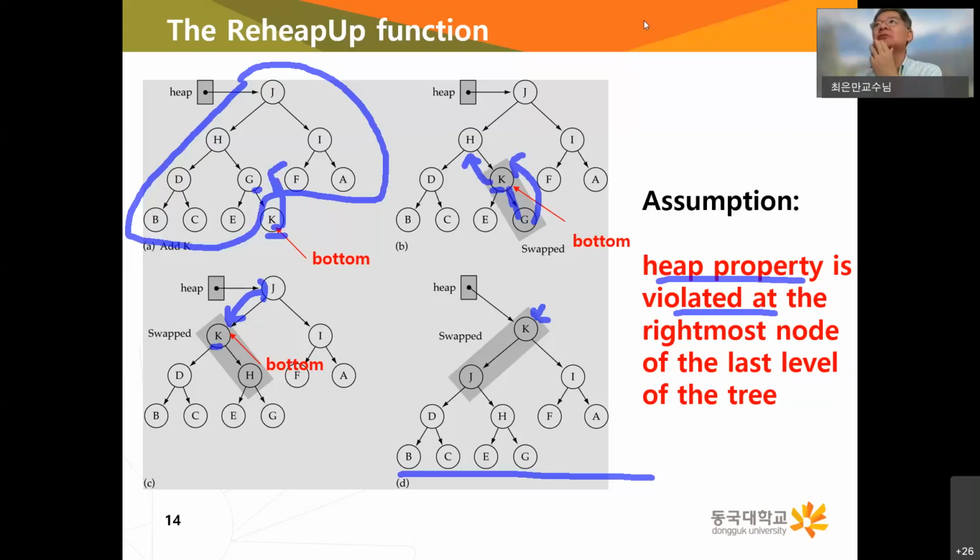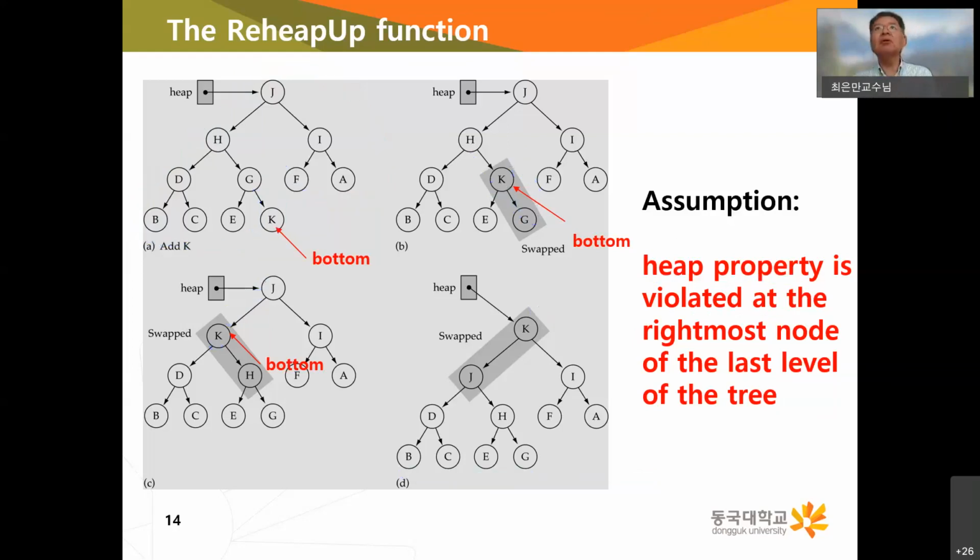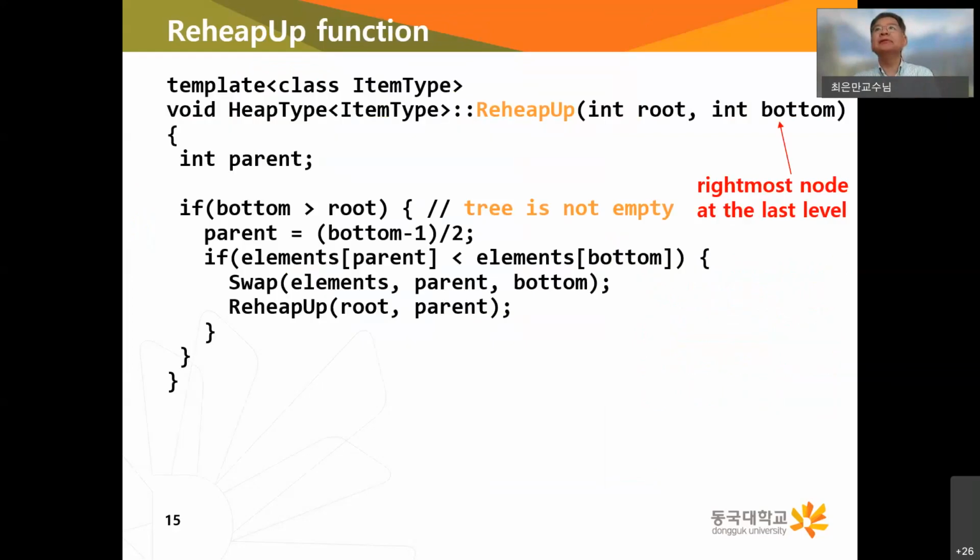자, 그러면 그거를 코딩으로 볼까요? Okay. So this is the algorithm for the reheap up. So first, this one is the new one, right? Bottom.